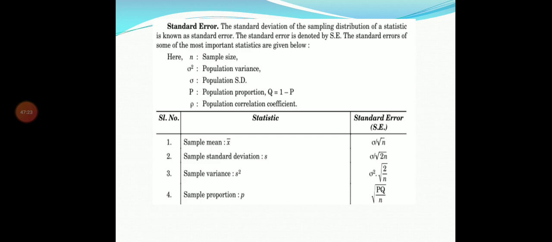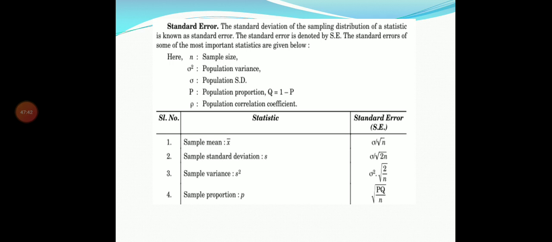Let us see another, very important definition: standard error. What is meant by standard error? It is the standard deviation of the sampling distribution of a statistic.